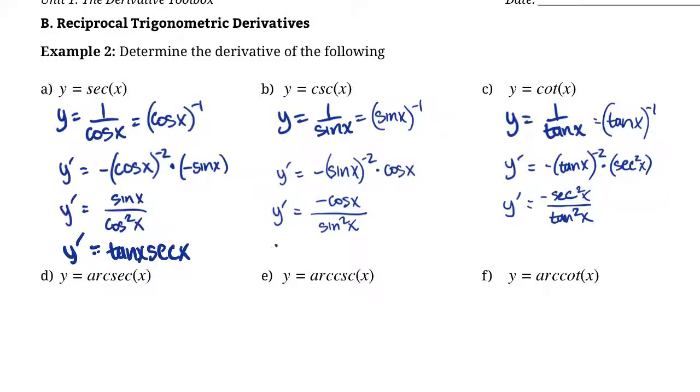The derivative of cosecant x is, what is it, negative cotangent x times cosecant x. And the derivative of cotangent of x is actually, this one simplifies a little bit nicer as well. Y prime equals negative cosecant squared x.